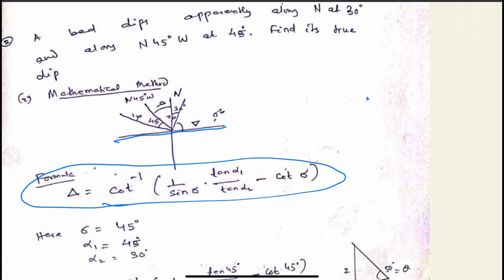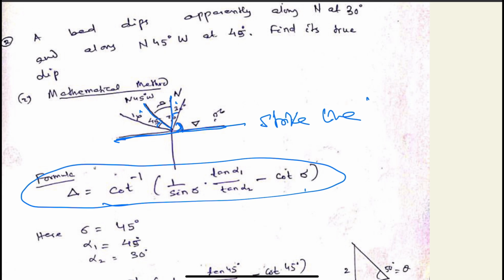We will take into account this formula. This is the delta, this is the strike line. We have been given the apparent dip along north 30 degree east and the apparent dip along north 45 degree west. So this is delta, this is alpha 2, this is alpha 1 according to our formula.